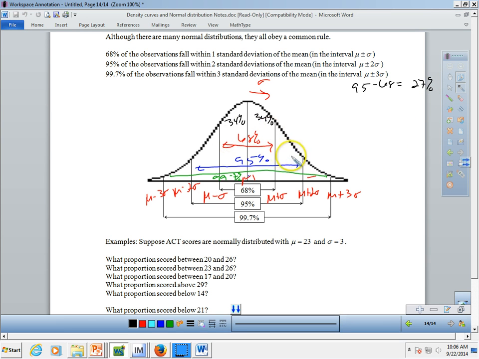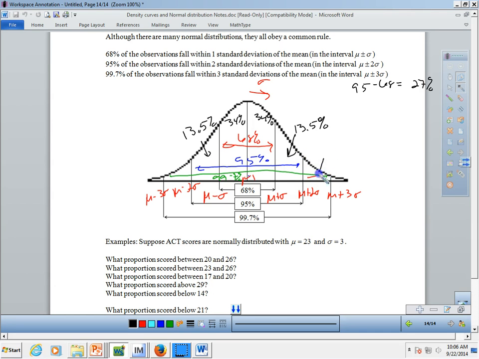So then what proportion of observations are sitting right here? Well, this curve is symmetric, so I have to have equal number of observations here and here. So in these two areas, I've got to have a total of 27%, which means that in just this guy right here, I've got 13.5%. And in just this area right here, I've got 0.5%.